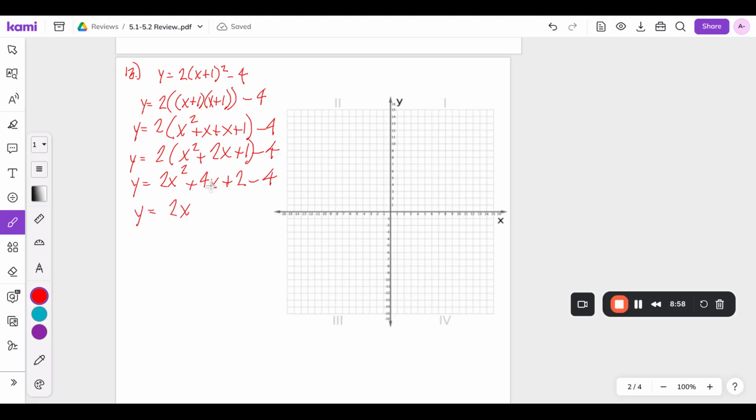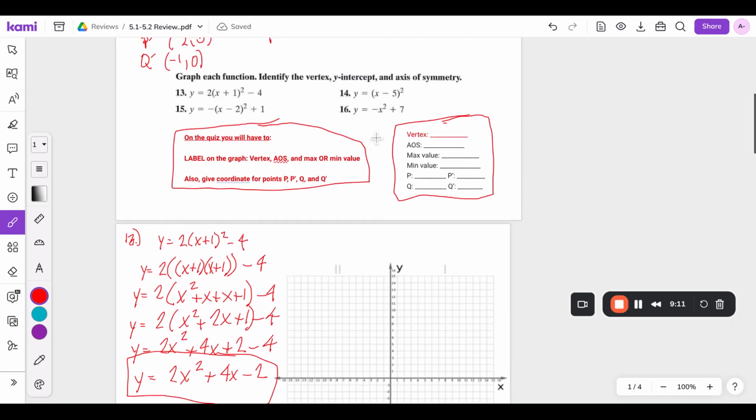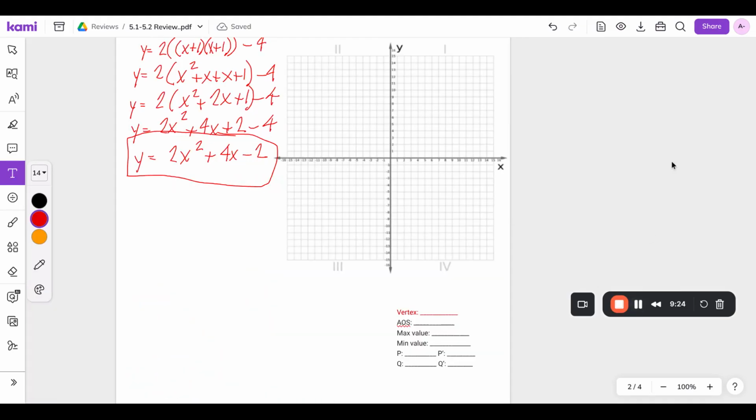Again, you will not have to do this for the graphing on your test. You'll be given something like this. And you will be asked to graph the function, and you're going to have to give the vertex, the axis of symmetry. I'm going to pause this for a moment and copy and paste that information down here at the bottom. Okay, I copied and pasted that information for us.